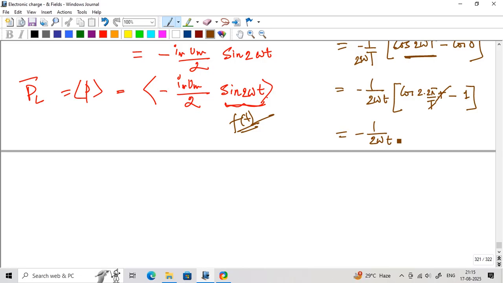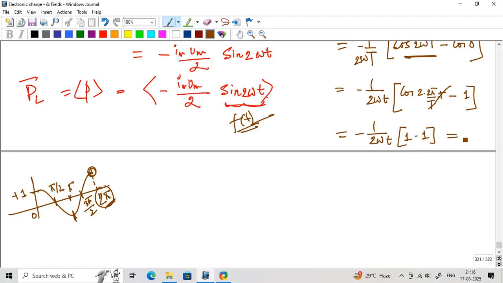Cos 0 is 1, so the cos graph looks like this: cos 0 is 1, cos pi by 2 is 0, then pi, then 3 pi by 2, then 2 pi. Cos 2 pi also gives 1, and for an even multiple like 4 pi it is obviously 1, so 1 minus 1 equals 0, and 0 times anything gives 0.